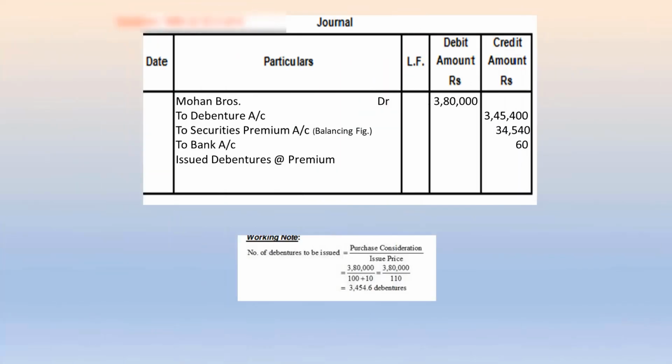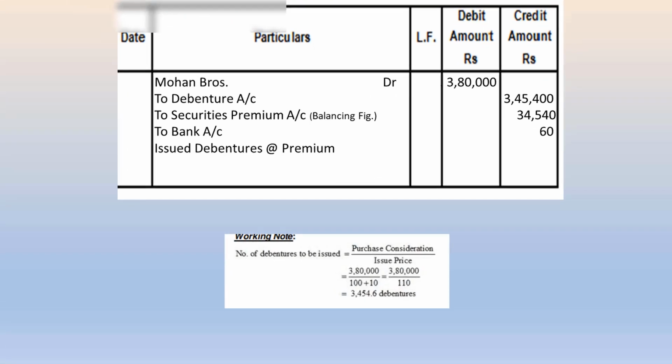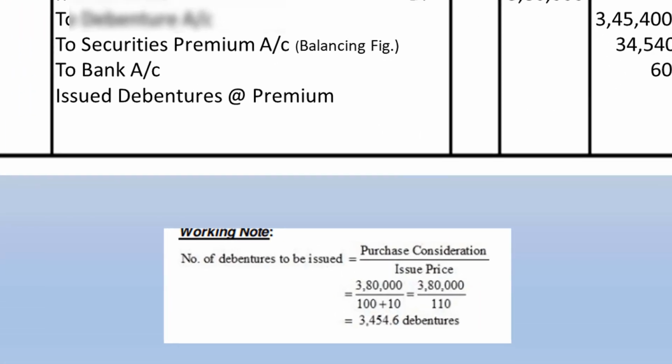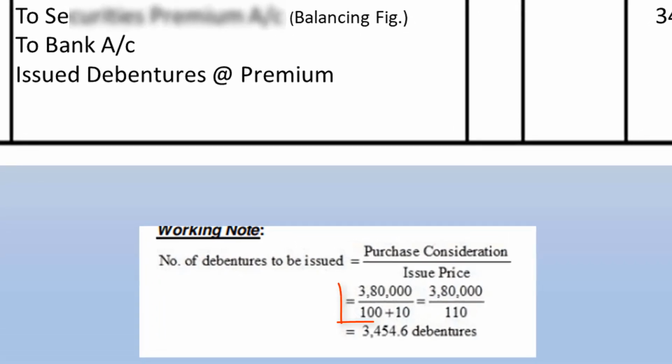To continue, we now examine the situation where the discharge of the consideration is through the issue of debentures issued at a premium of 10%.